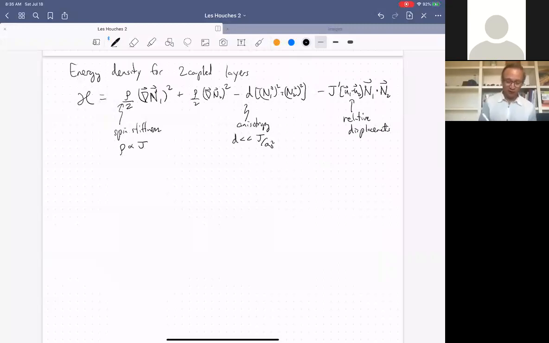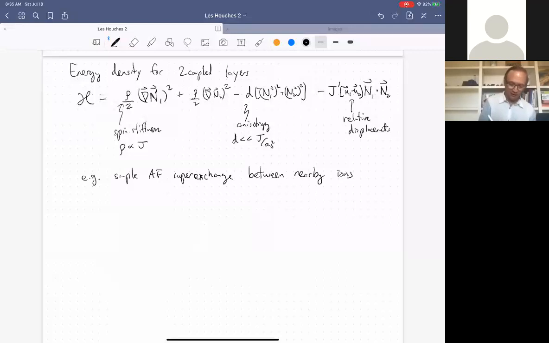A simple way to see it is, let's imagine we just have a simple antiferromagnetic superexchange between nearby ions.